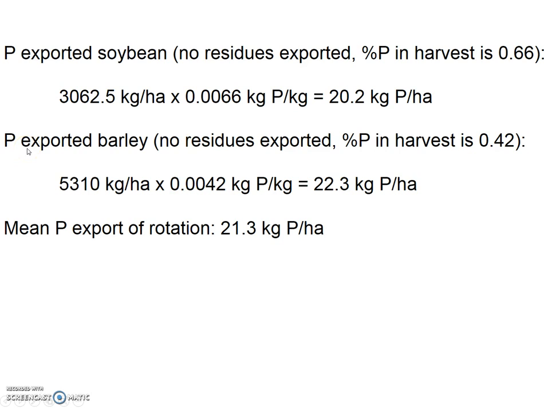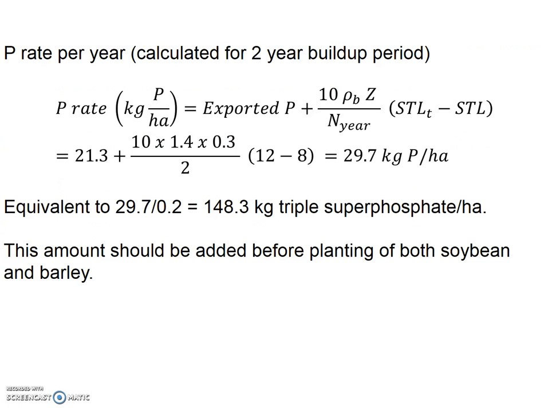Similarly, for barley, no residues exported, percent P in harvest is 0.42, we are exporting 22.3 kilograms of phosphorus. The mean for the rotation, the mean of these two values, is 21.3 kilograms of phosphorus per hectare.